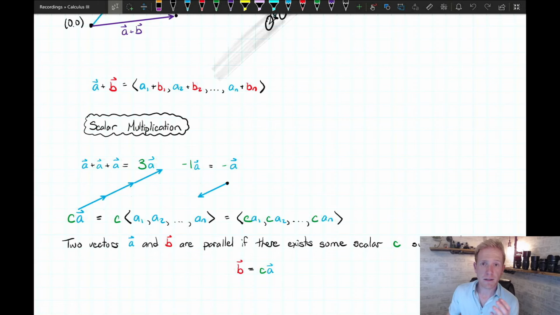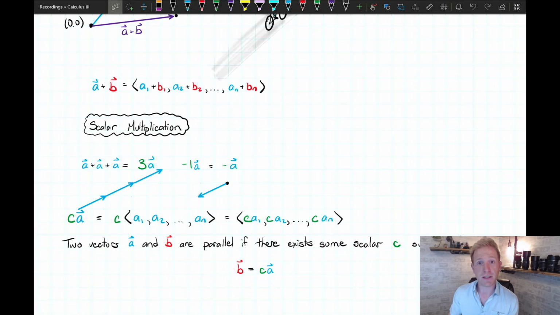Now that we've got scalar multiplication as well as addition, this kind of already produces subtraction as well. If we wanted to look at a minus b, well, that's just vector addition of a and negative b. So we just take all of the components of b and negate them and add them on to all the components of a, which is no different than simply subtracting corresponding components of a and b.